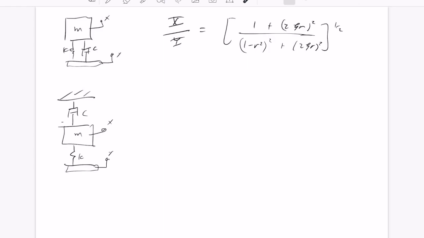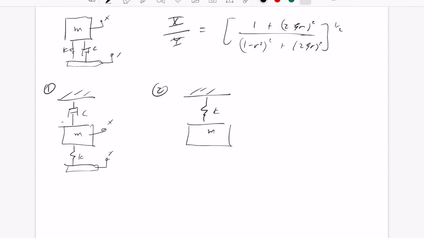So what we're going to do is derive and look at 4 different cases for the configuration. We're going to start with this one, case 1. Then we'll look at case 2, where we switch the spring and the damper.